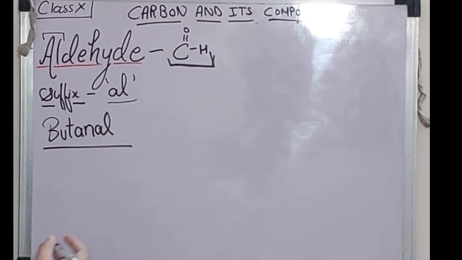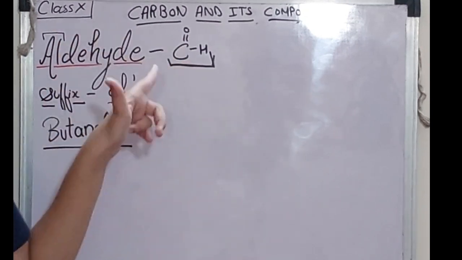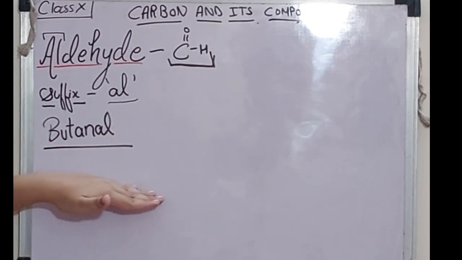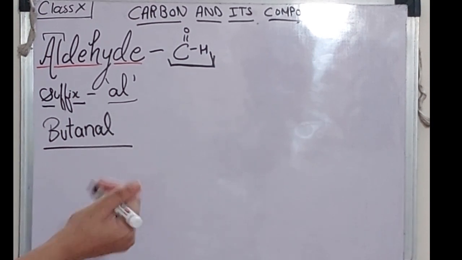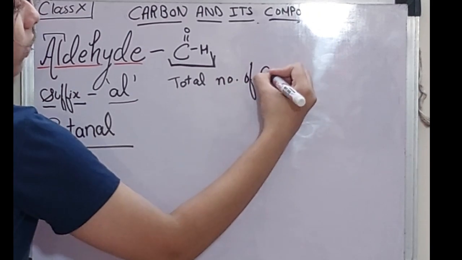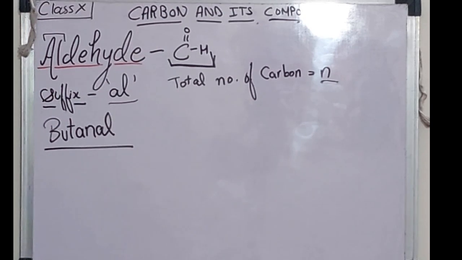So butanol means total number of carbon is equal to 4. But ka matlab kya hua? That I am going to have 4 carbons in this particular compound. And jaise ki maine kaha, the carbon in this functional group will also be counted. You will not consider ki alag se 4 pehle aur phir ye wala carbon bhi. Including this, total number of carbon is equal to n. Maine bataya tha in the first video itself.